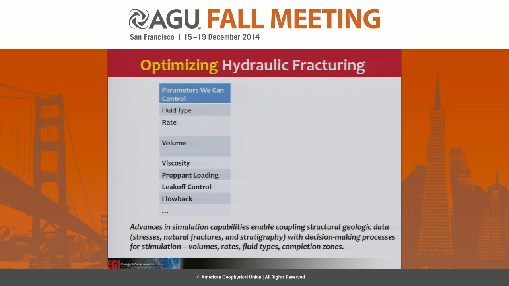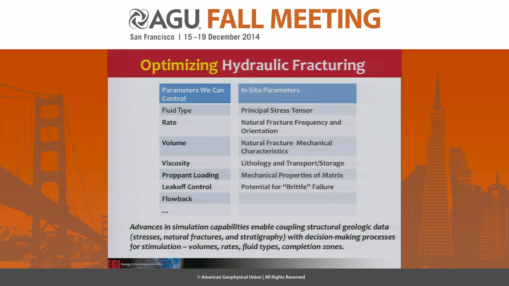That's usually economically driven because the fluid of choice, because of cost, is usually slightly viscosified water. We also can maybe do something about the conductivity of those fractures afterwards and possibly be able to control the leak-off in those fractures. So in terms of that, we have these controllable parameters.